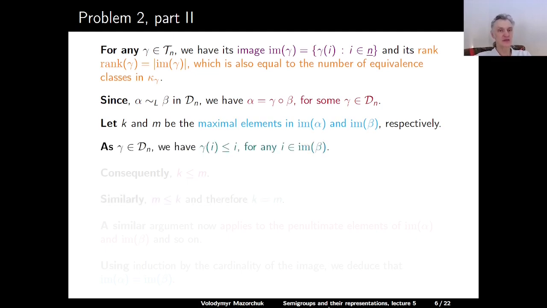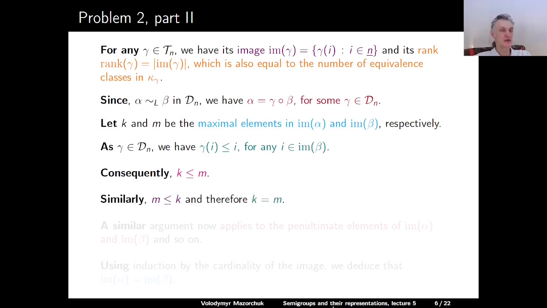Since gamma is an element of Dn, gamma applied to any i gives something which is less than or equal to i, in particular for any i in the image of beta. So in order to obtain the image of alpha, since alpha is equal to gamma after beta, we take the image of beta and apply gamma, and gamma is order decreasing. So it follows that the maximal element in the image of alpha is less than or equal to the maximal element in the image of beta.